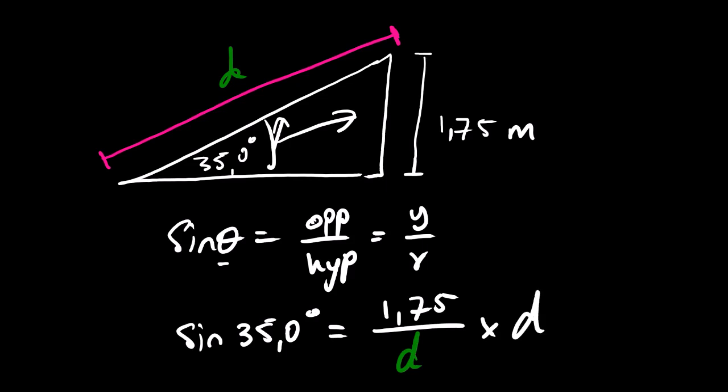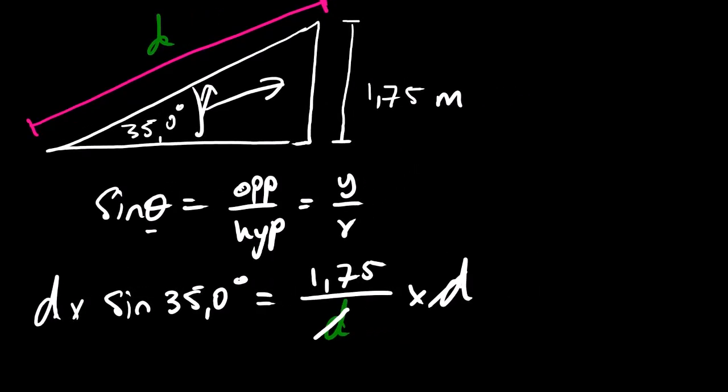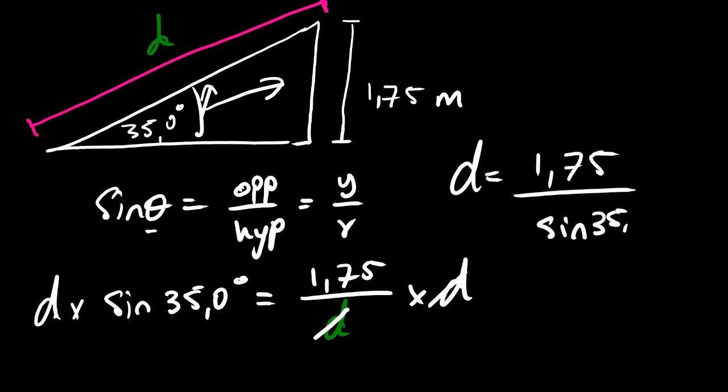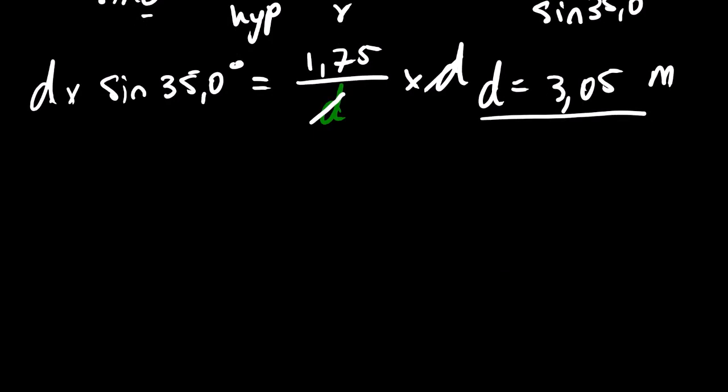Now we multiply both sides by d. This will get rid of this. Then from here we divide both sides by sine 35. So d equals 1.75 divided by sine 35.0. We find that d equals 3.05 meters. We are going to use this, and from here we can use the work done by kinetic friction.